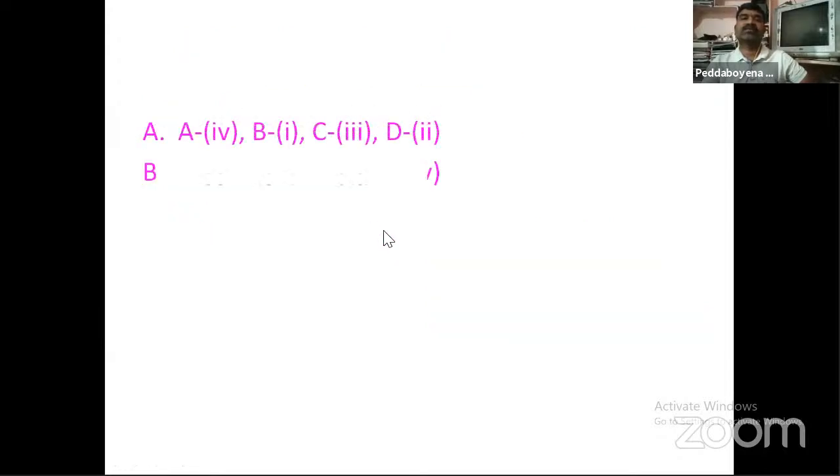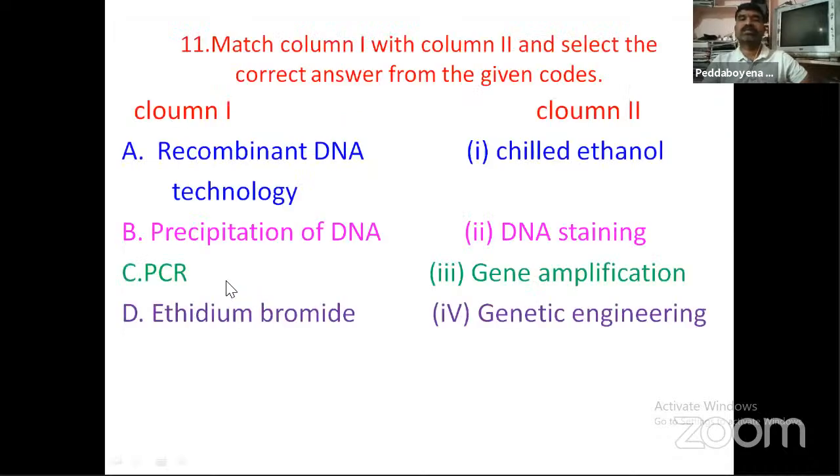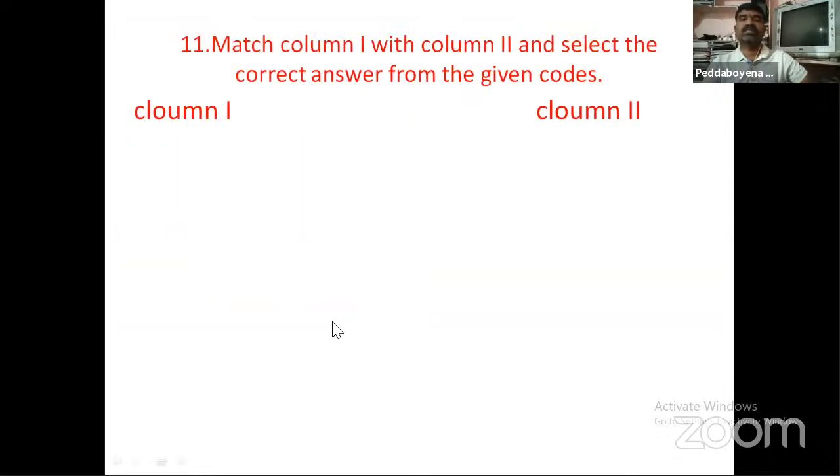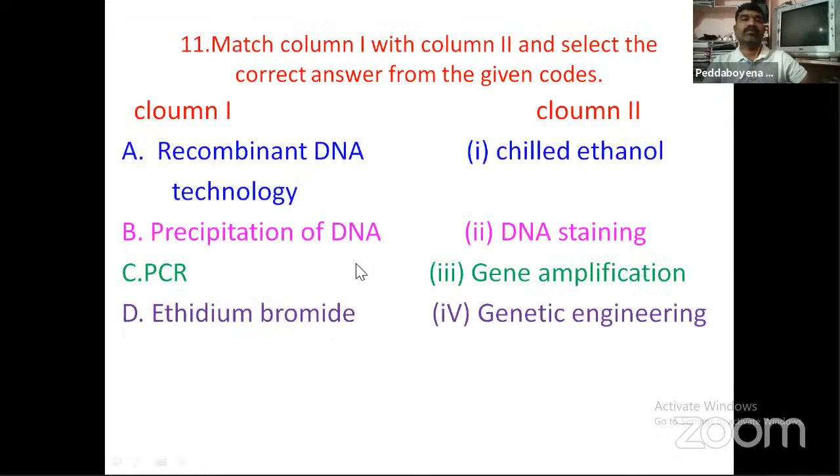Precipitation of DNA is by ethanol, as you already know. C is PCR, so gene amplification. Next, D, ethidium bromide, is for staining.